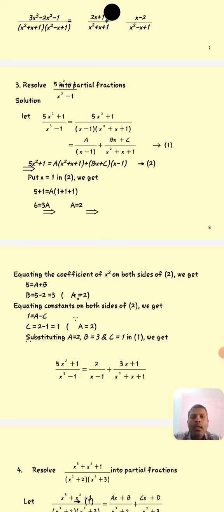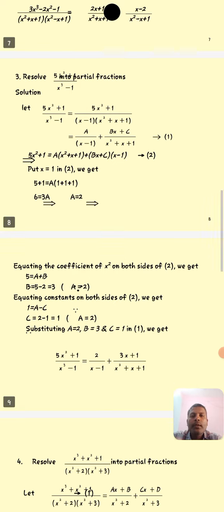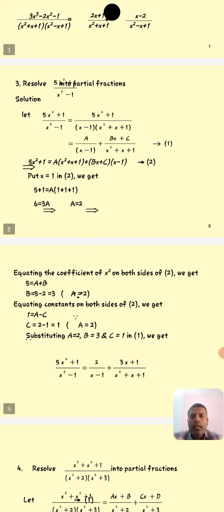What is the formula? a minus b into a square plus ab plus b square. Using that concept we write the denominator: one linear factor and one quadratic factor are available. Here x minus 1 is the linear factor, x square plus x plus 1 is the quadratic factor.